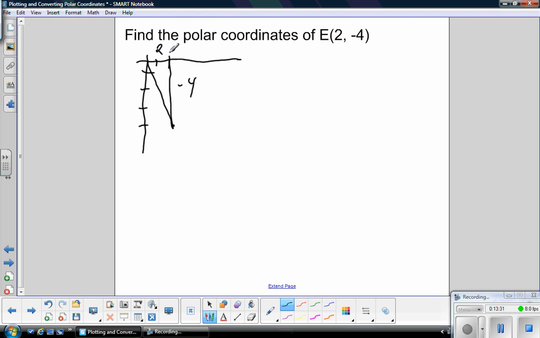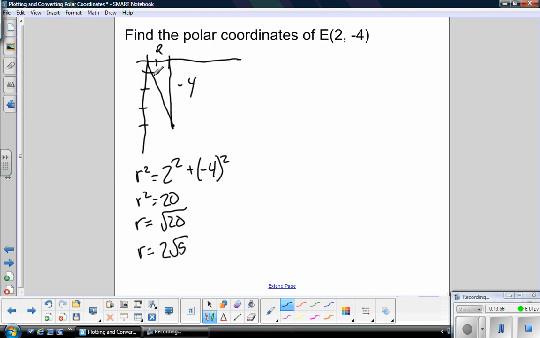This is going to be 2. I need to find r, which is the hypotenuse of that right triangle. So r squared is 2 squared plus -4 squared. r squared ends up being 20. So r is the square root of 20, or 2 root 5.